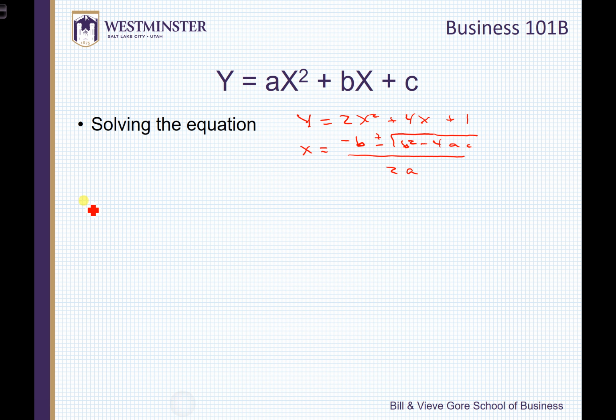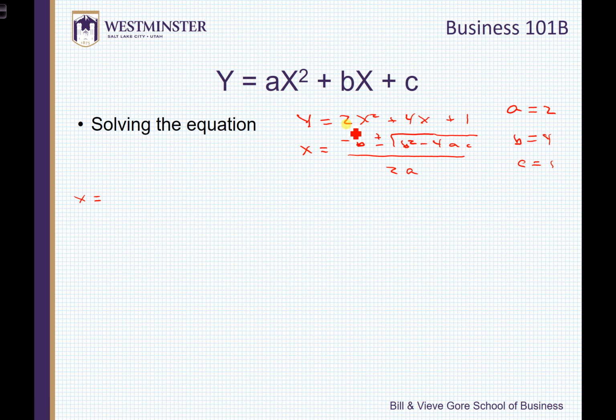So then x is equal to, well, negative b, so negative 4, because here we have a being equal to 2, b being equal to 4, c being equal to 1.